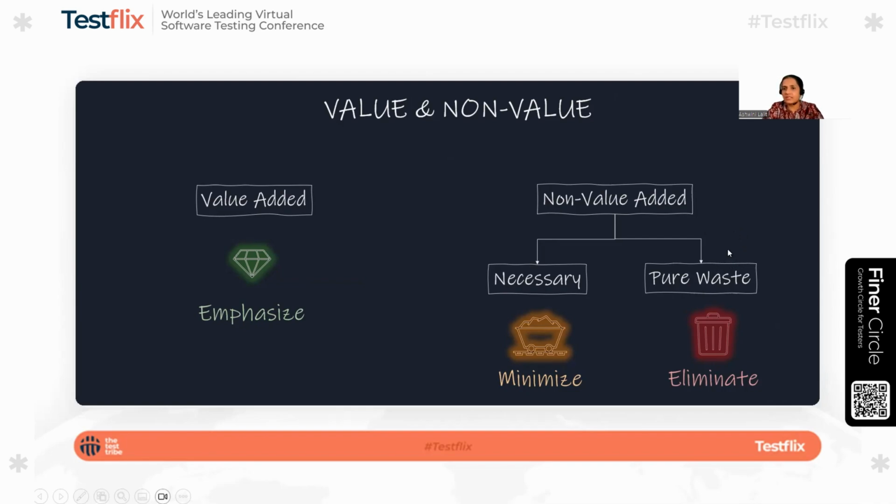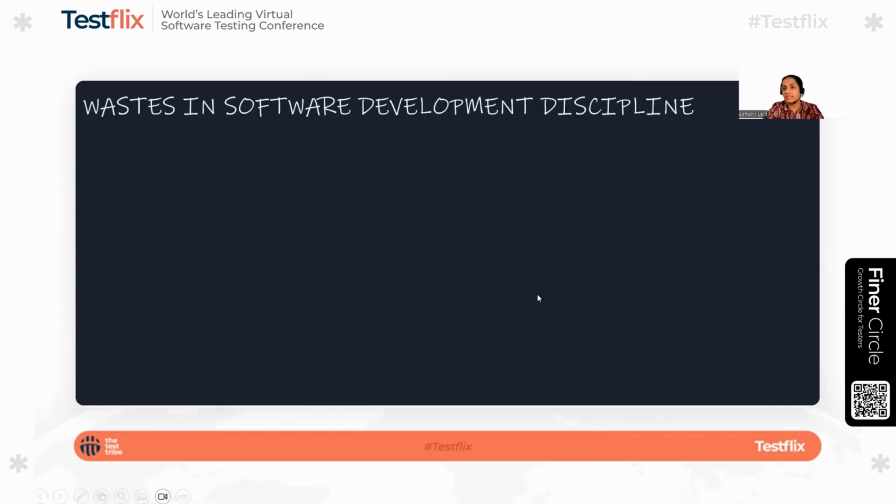Something like defects is something you want to eliminate. Then there are certain necessary wastes created in the system which actually enhance the end deliverable, but the customer may not be ready to pay for it. Something like testing is a necessary waste in the system because customer may not pay for testing times.